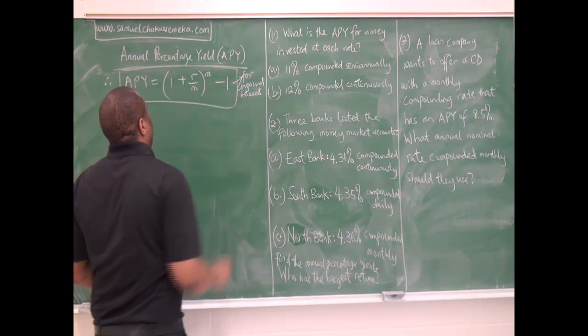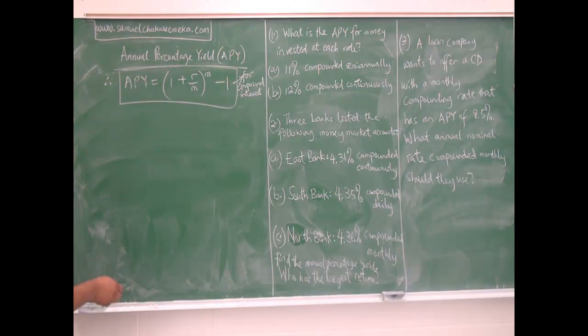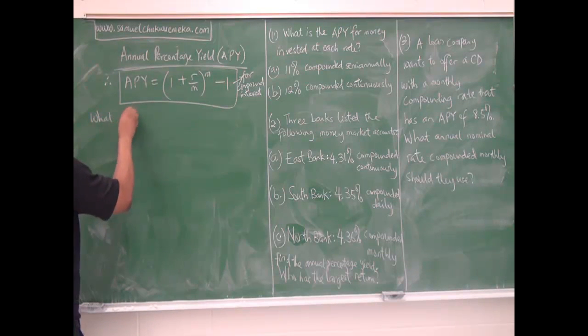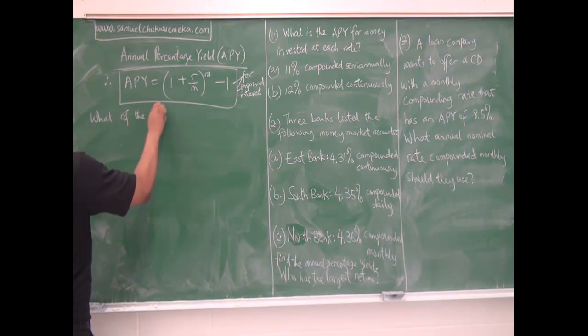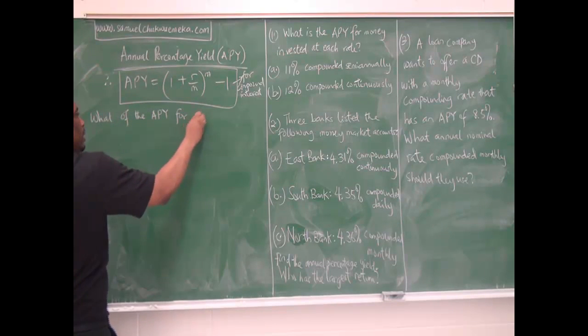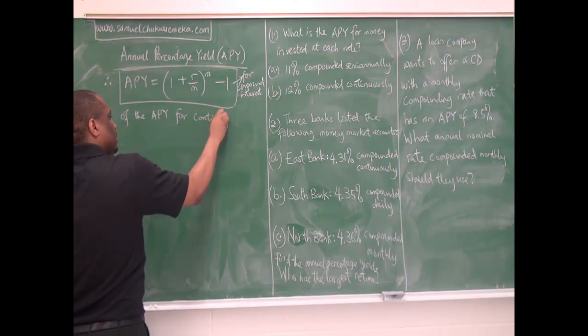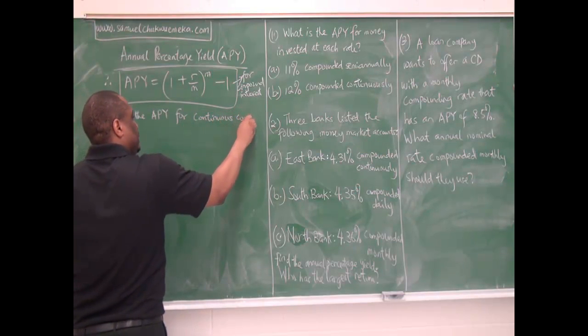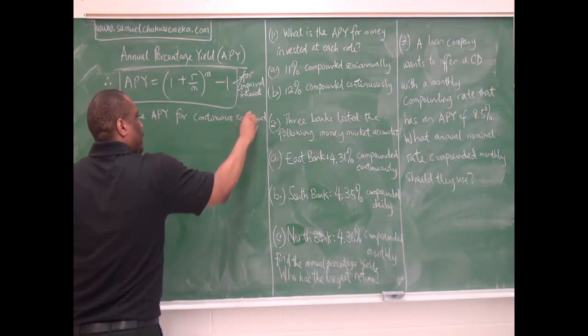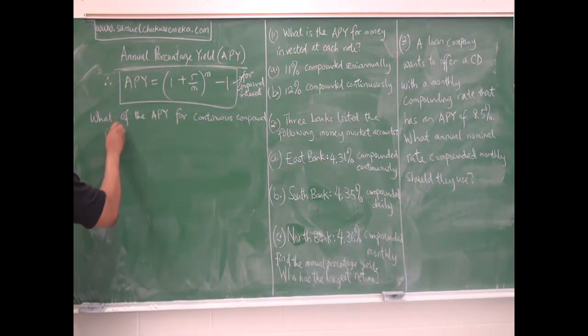Now, what of continuous compound interest? What of the APY for continuous compound interest? So you equate, okay? Amount at simple interest is equal to amount at continuous compound interest.